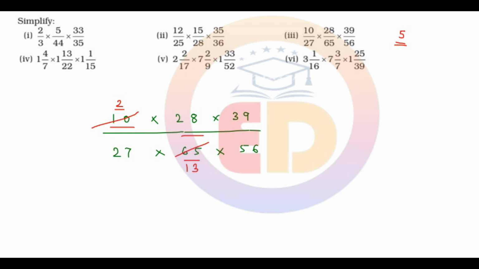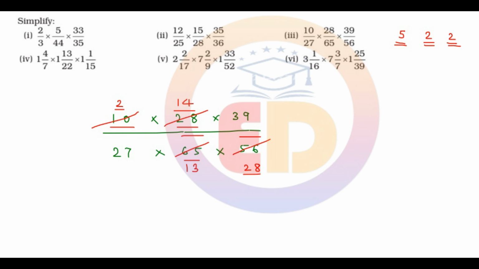Now the next value in the numerator is 28 and the denominator is 56. Both are even numbers, so they will be divisible by 2. When we divide 28 by 2, I get 14. And when I divide 56 by 2, I get 28. Now again, 14 and 28 both are even numbers, so I can again divide them by 2.